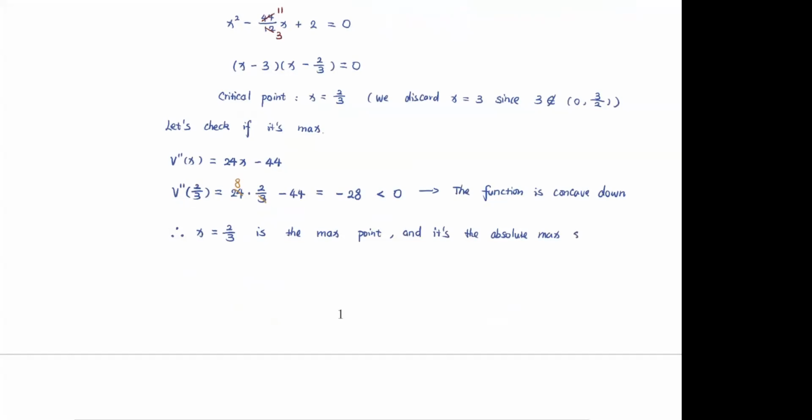And we know it's the absolute max point because we only have one critical point, a unique critical point.